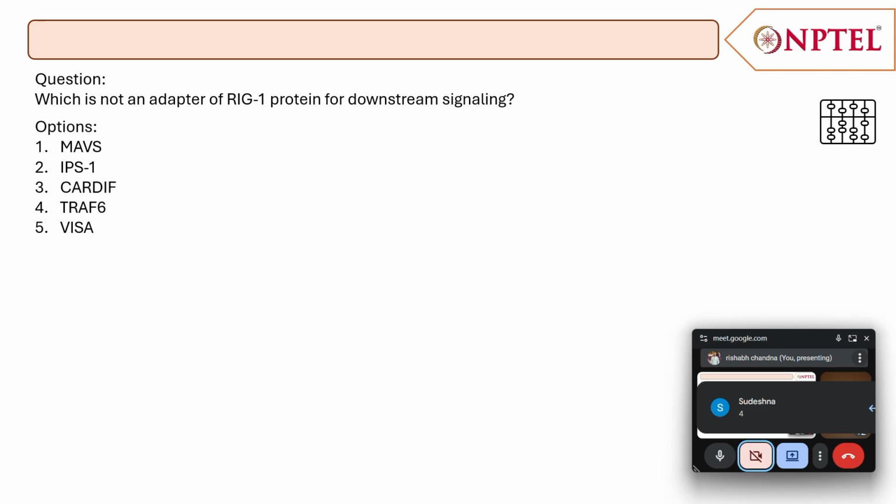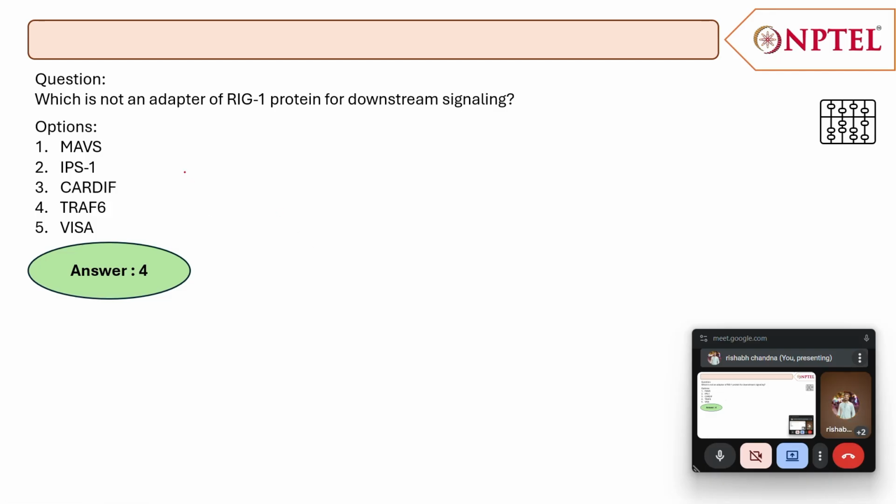Okay. So here the correct answer is option 4, that is TRAF6. Yes. RIG1 activates MAVS, IPS1, CARDIF, and VISA, but it will not activate TRAF6. No, it also activates IPS1, okay, RIG1.